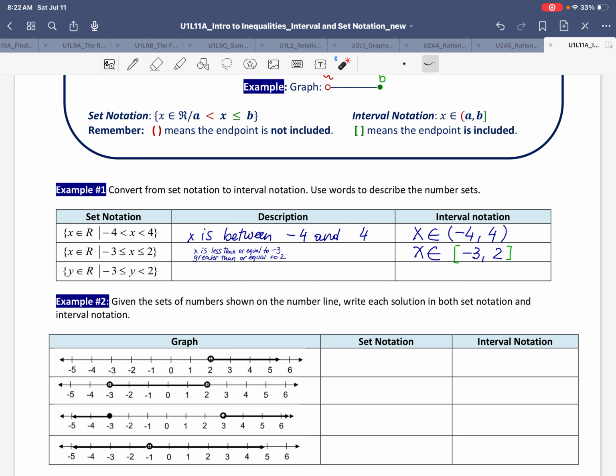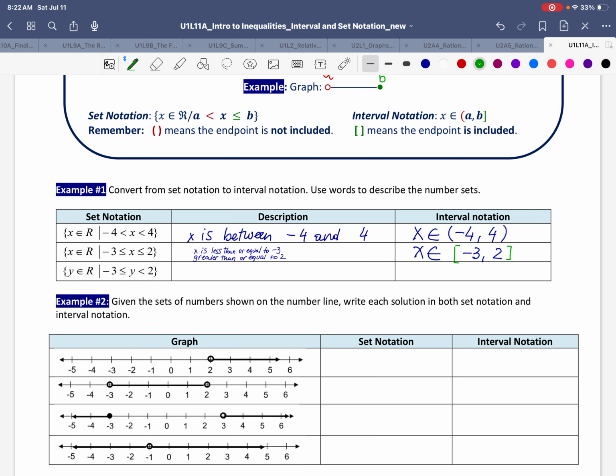Now, next we have y, any real number, such that y is between -3 or equal to -3 and 2. So y belongs to the set of real numbers such that y is greater than or equal to -3 and less than 2.